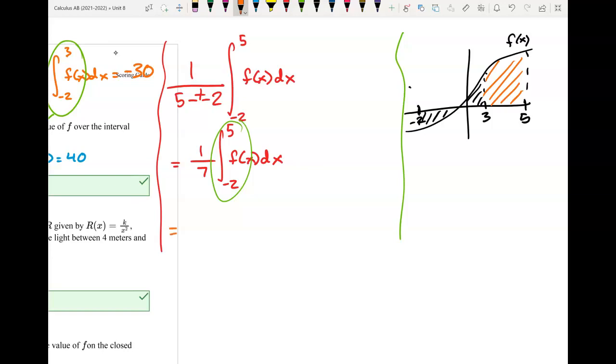So our next step would be to say, okay, I have 1/7, but now to get that full interval, I need to split it up into those two subintervals that they gave me. The one going from -2 to 3 plus the one going from 3 to 5.